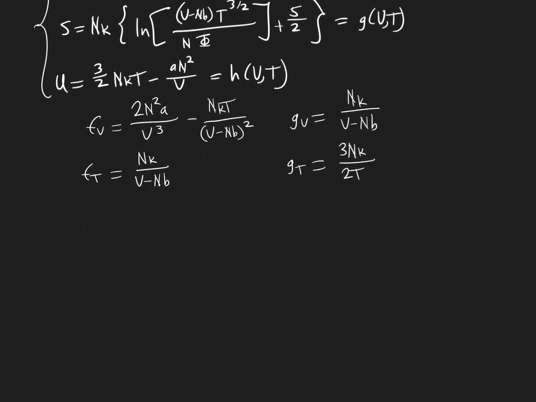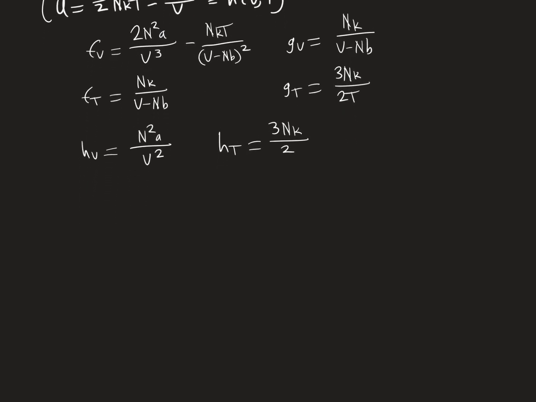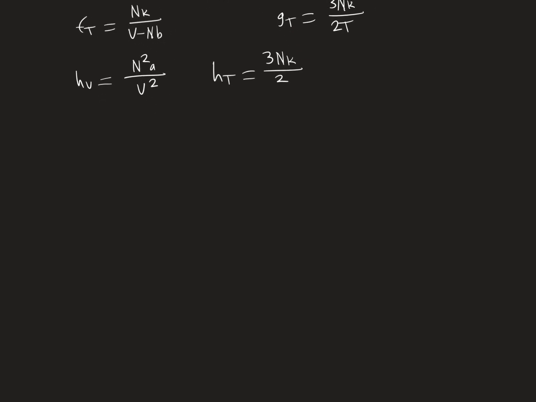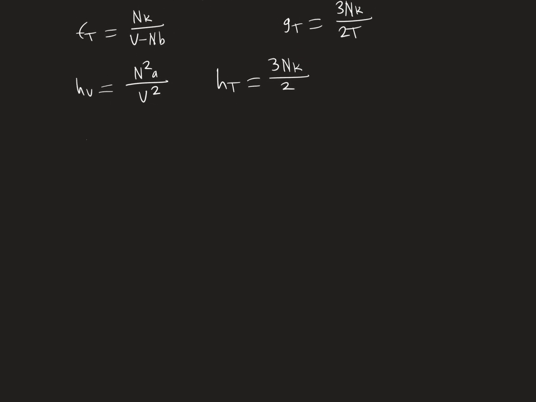And then the final two derivatives will be h_v, and this is n²a divided by v², and h_t is 3nk divided by 2. Now, we can put all those derivatives together into the expression that we found over here. And if we do that, then we can define some functions. So let c be equal to (v − nb) times t to the power 3/2.